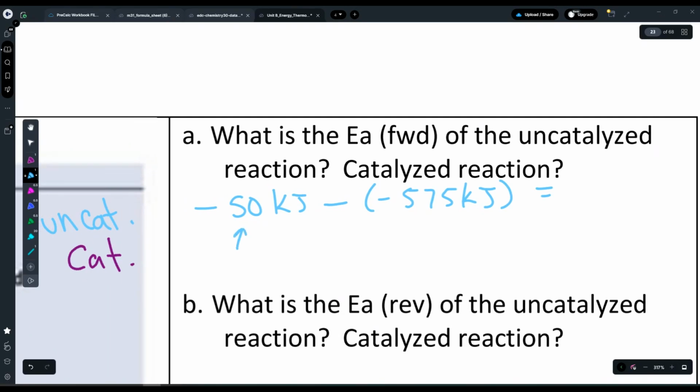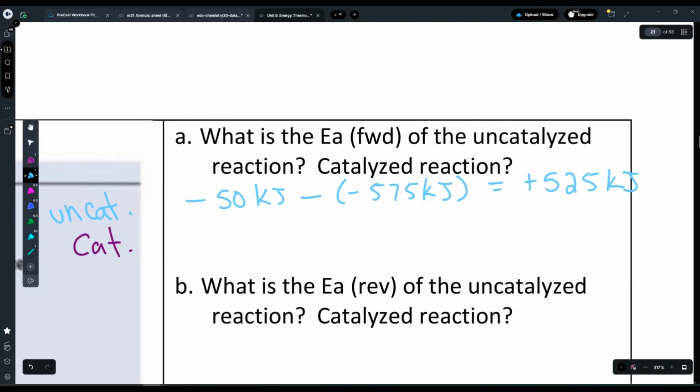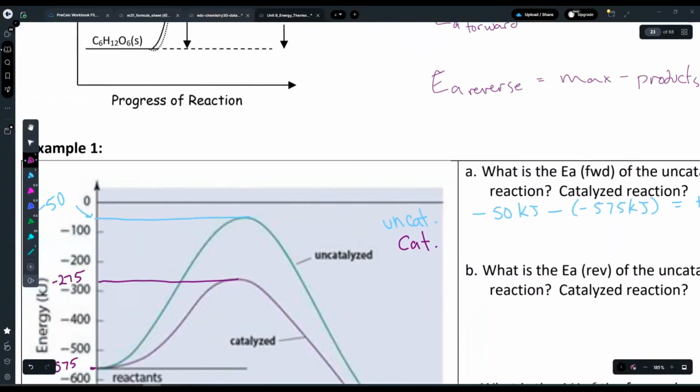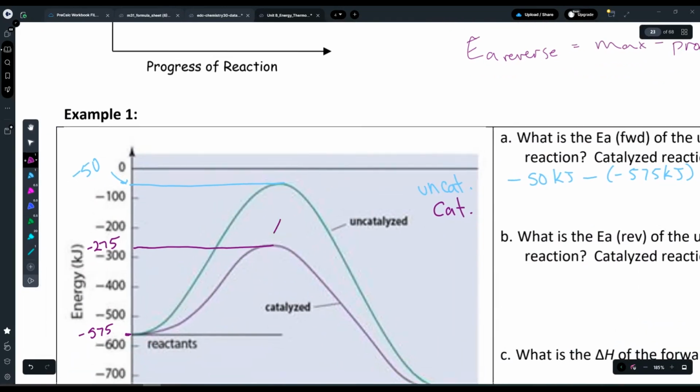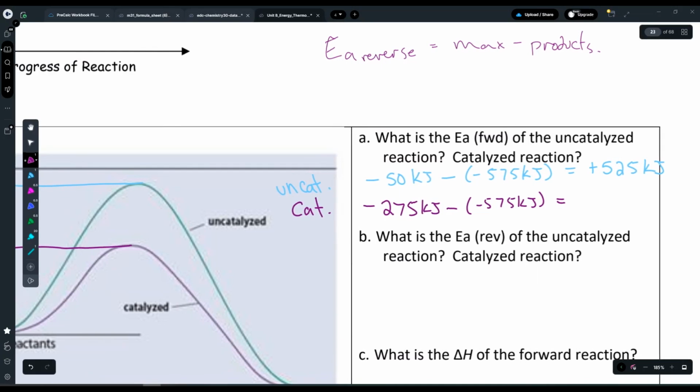So effectively we're going negative 50 plus 575, which is going to give us positive 525 kilojoules. For our catalyzed reaction, our max happens at negative 275, minus our reactants, which is negative 575. So we're going negative 275 plus 575. That's going to give us 300 kilojoules.